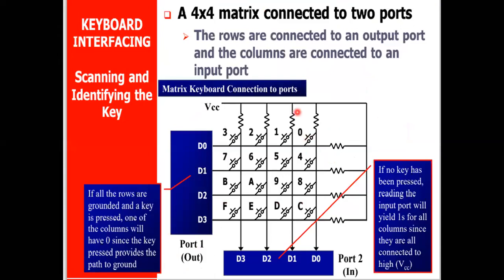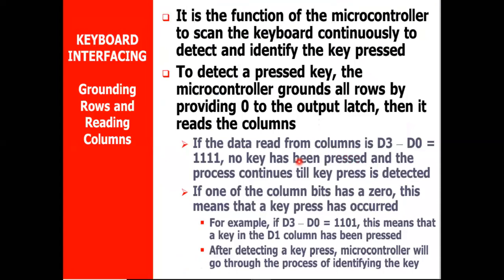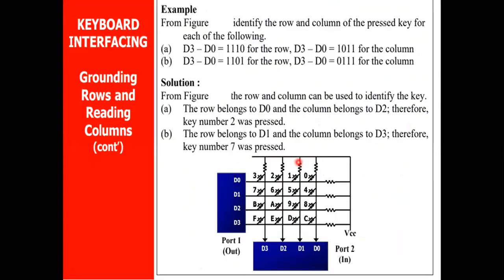This is the scanning of the key as I explained. Same thing: D0 to D3 is 0, 1, 1, 1, so this row, D0, is selected. And D0 to D3 for the column is 1, 1, 0, 1, so D2 is selected.